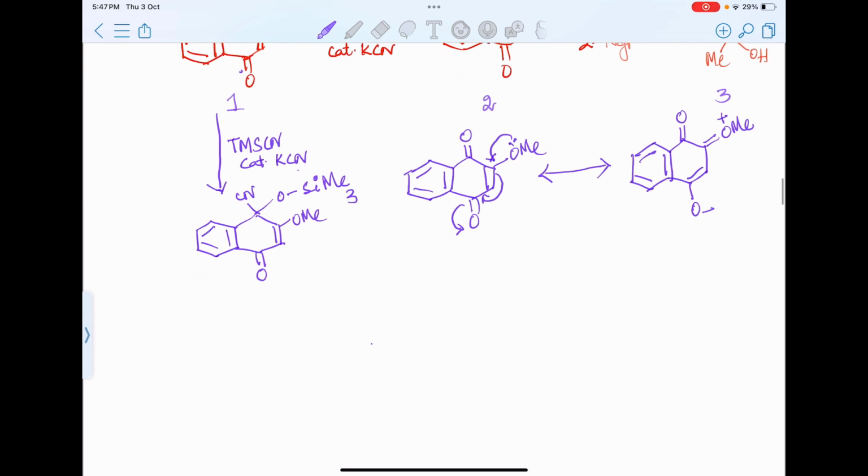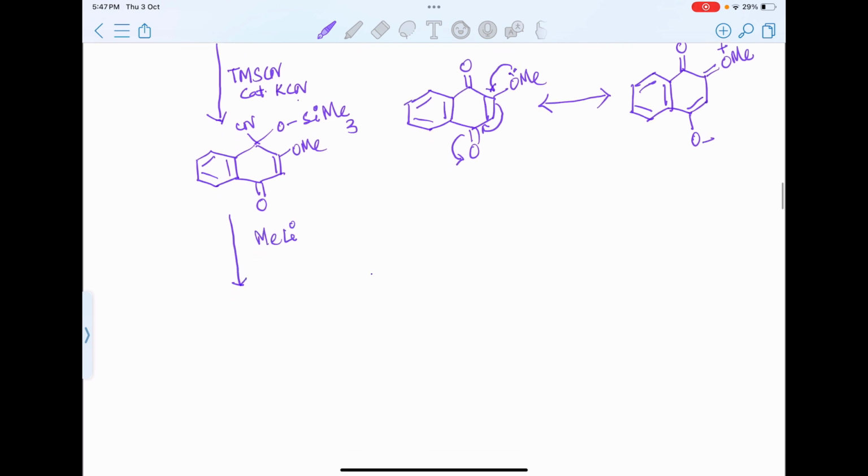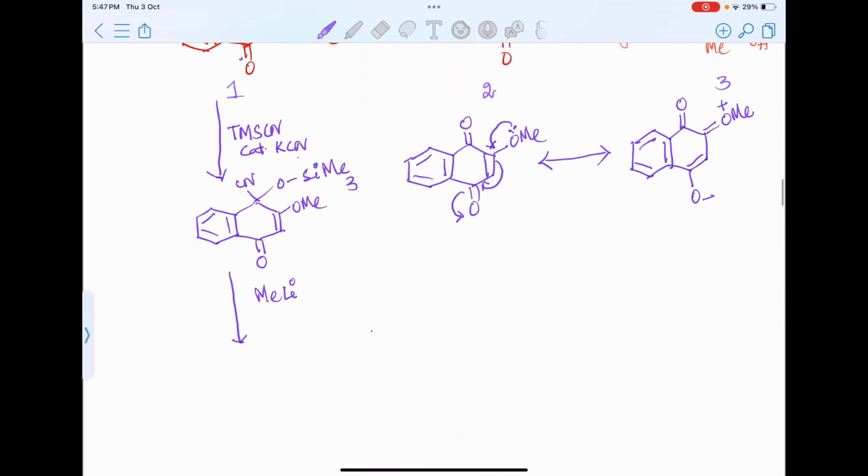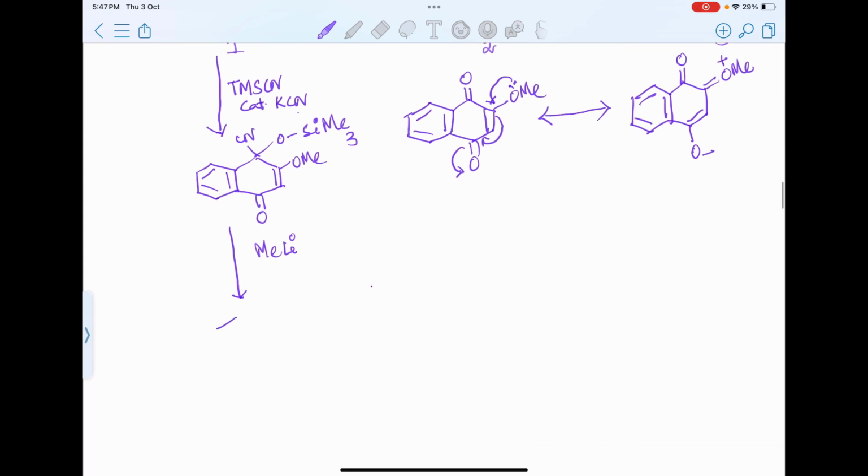And in the next step, the methyl lithium is added, and this ketone is converted into the alcohol.